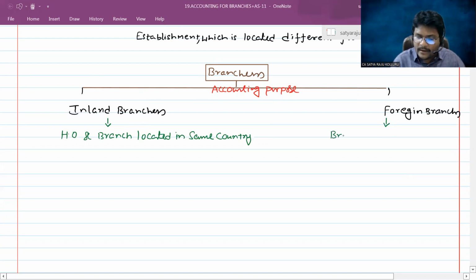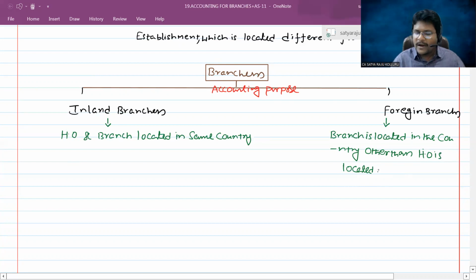Now coming to the foreign branch, the branch is located in a country other than where the head office is located.